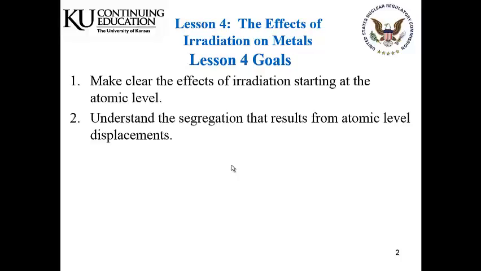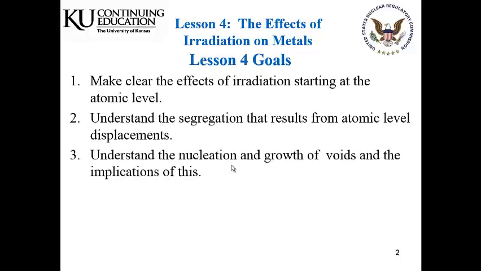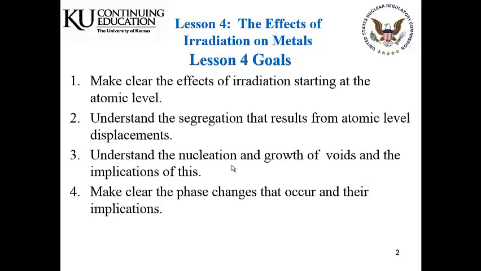We're going to understand the segregation that results from the atomic level displacements that occur when a high energy neutron strikes atoms in the lattice. We're going to understand the nucleation and growth of voids and the implication of this on the properties of the metal and the structure of the metal.